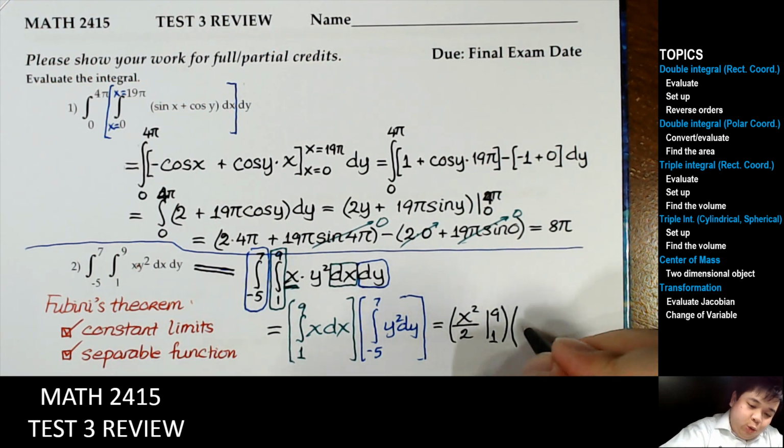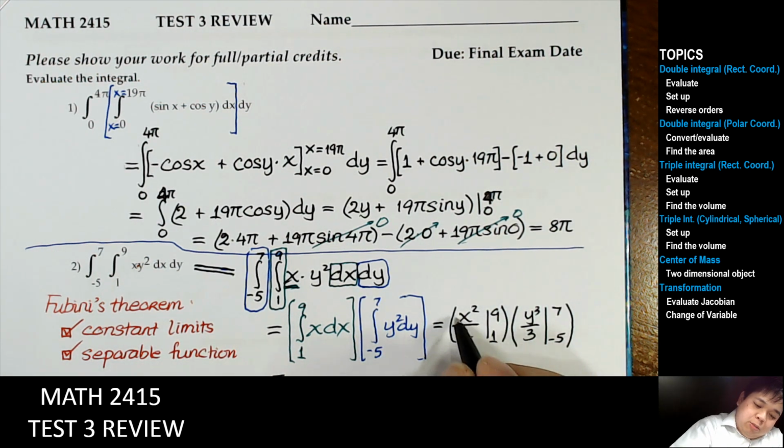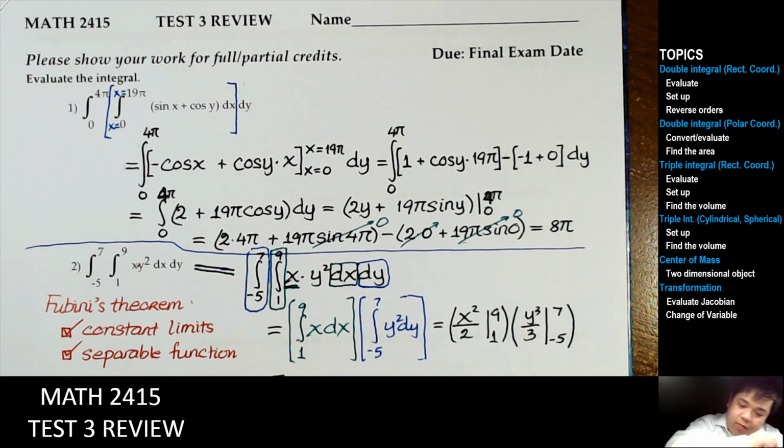And then y cubed over 3 from -5 to 7. Right. Put 9 in there, we have 81 over 2. And then put 1 in, will be 1 over 2. Times.